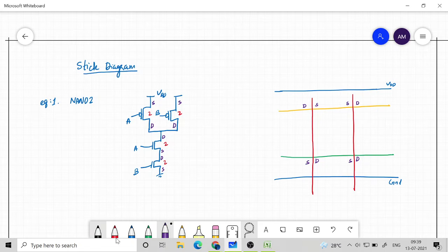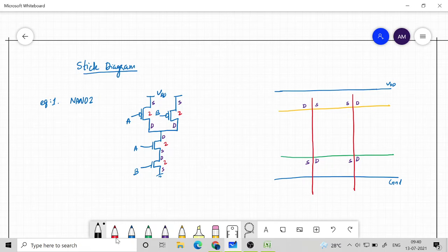In order to make connections, we use the black color. So we will draw a black line between the power or the ground and connect to the diffusion region. For example, make the source connecting to the ground.